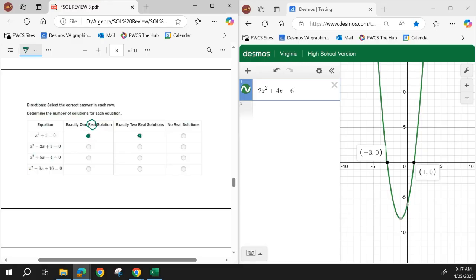And if it didn't cross the x-axis at all, you would say there are no solutions. And you would do that for each of these and click the appropriate button. So I would say you should try this one on your own. We're just graphing each of them and figuring out how many solutions each of them have. Again, you should check your answer with the answer key.